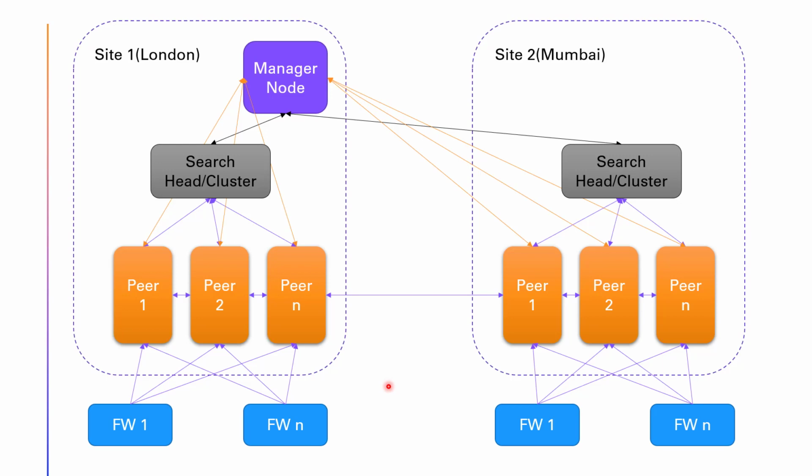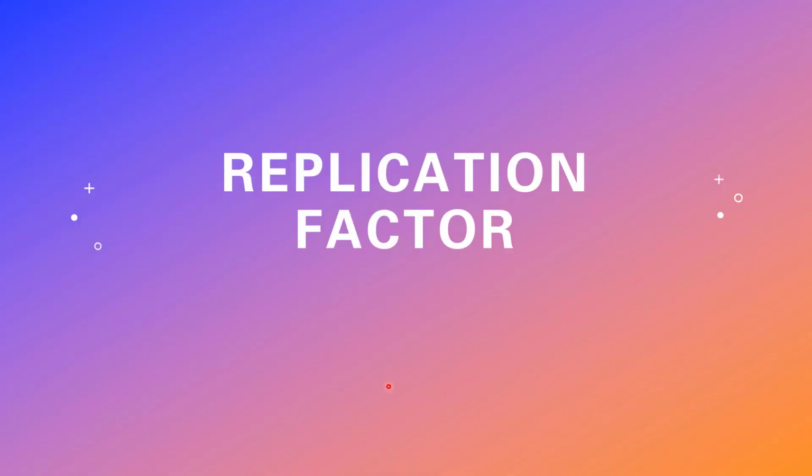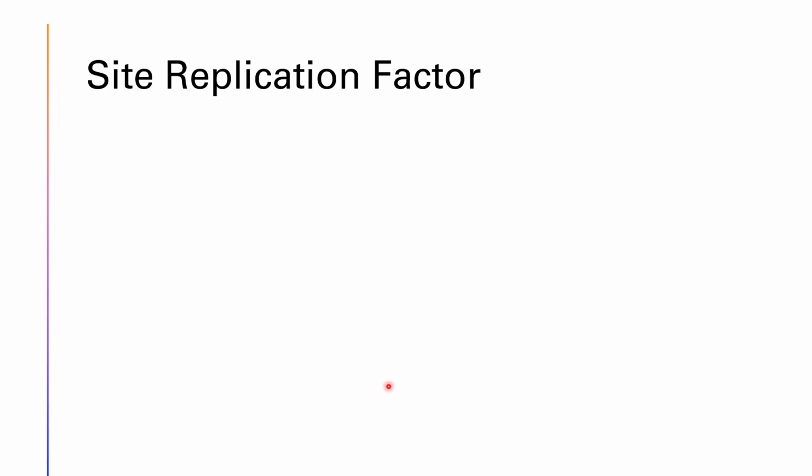Now one important question arises: when we configured our indexer cluster, we talked about the replication factor and search factor. So what will happen in the case of a multi-site cluster? Let's talk about the replication factor. For Splunk multi-site clustering, there is basically no replication factor, although that configuration is saved somewhere.